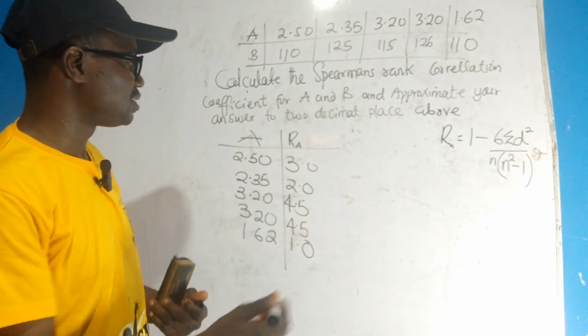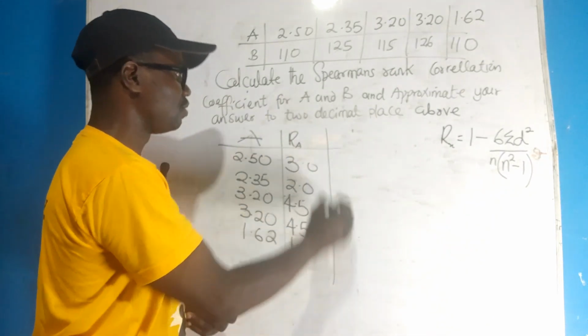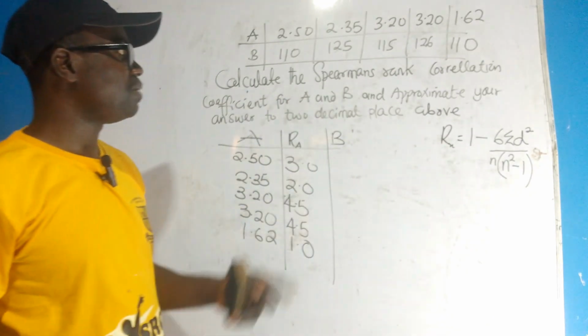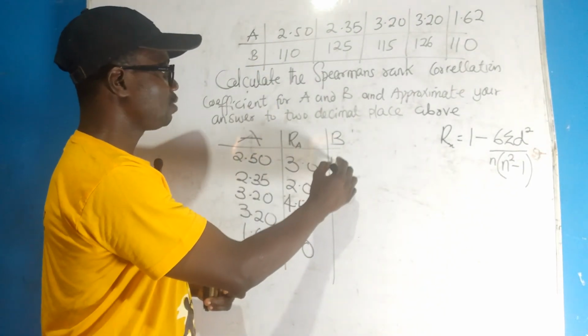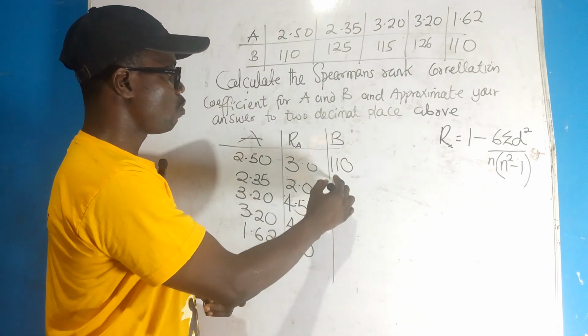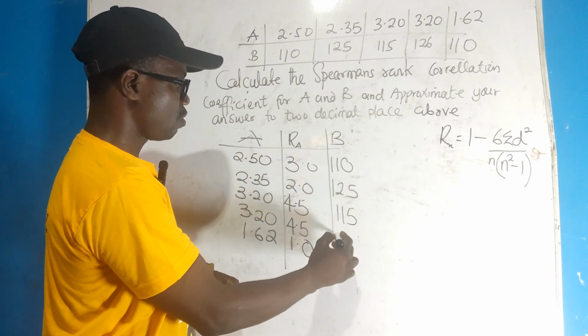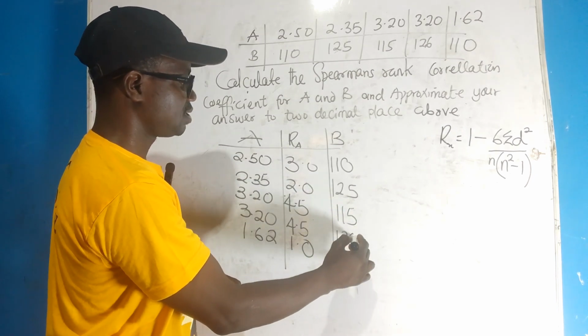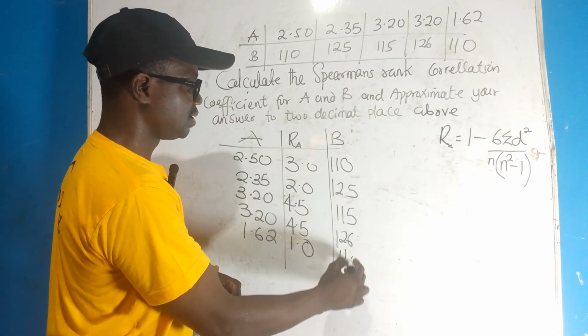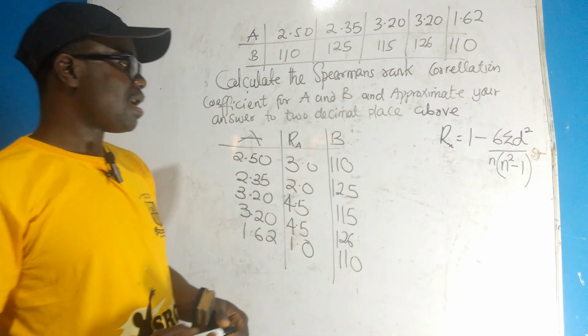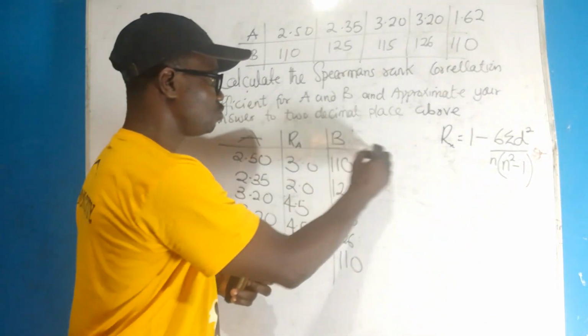Now let's move to the second value, which is B. Under the B, we have 115, 110, 125, 126, and then 115, 110. Now among these also, let's do the ranking.